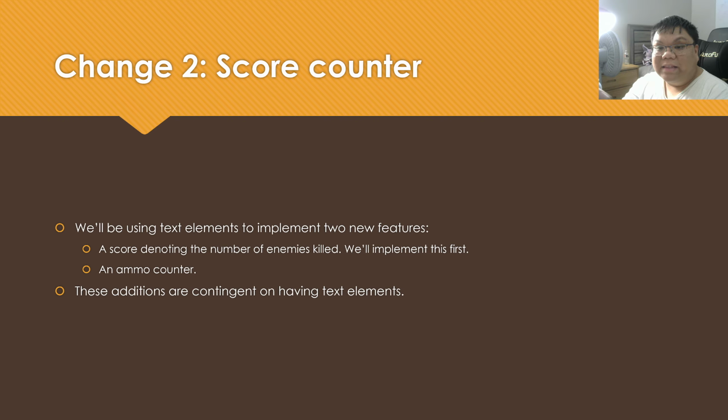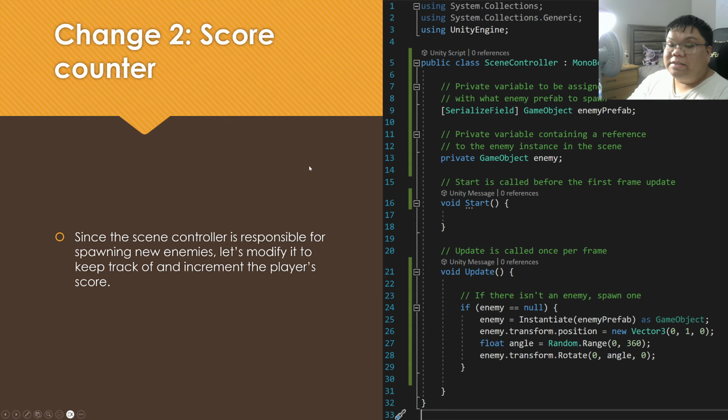As I said, this is a quick and dirty implementation that is still prone to issues that are later fixed in the chapter for the user interface. Okay, so let's add a score counter anyway, and then we'll just refactor it later on.